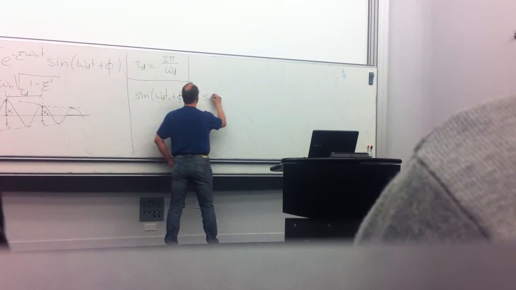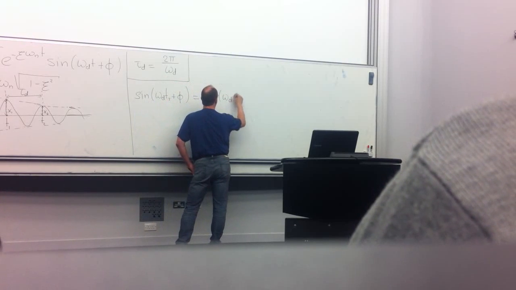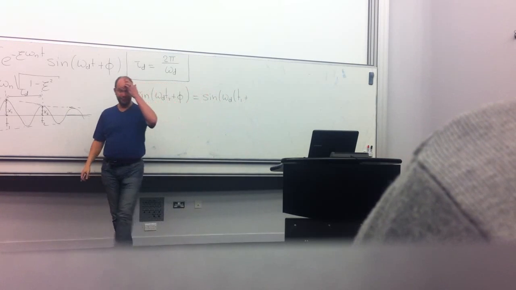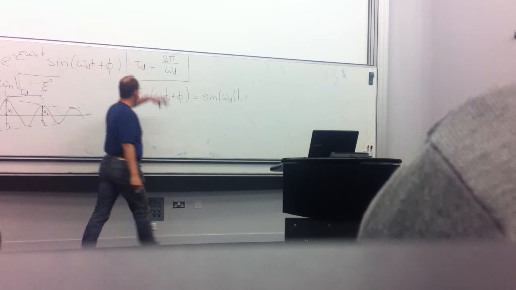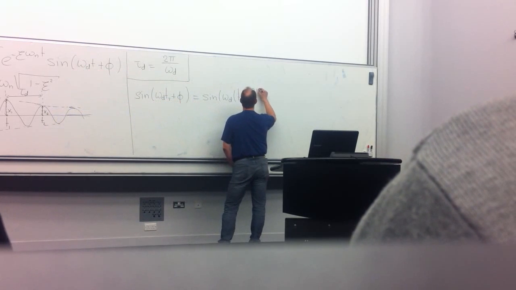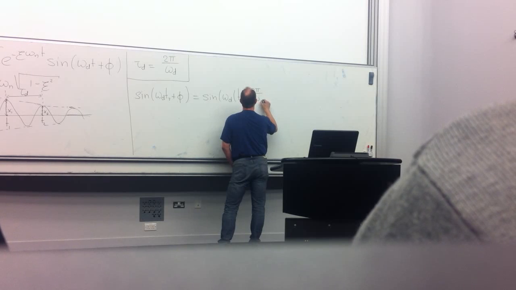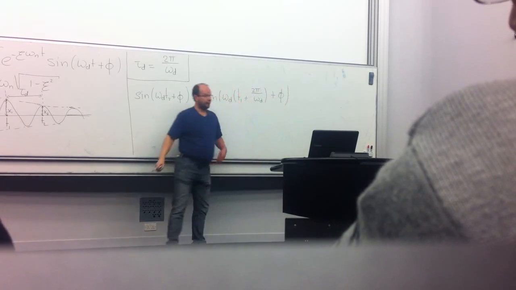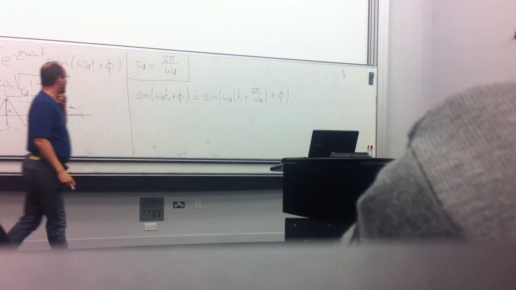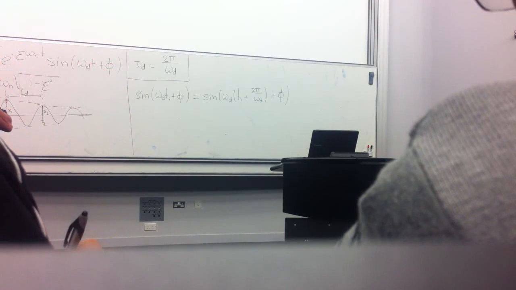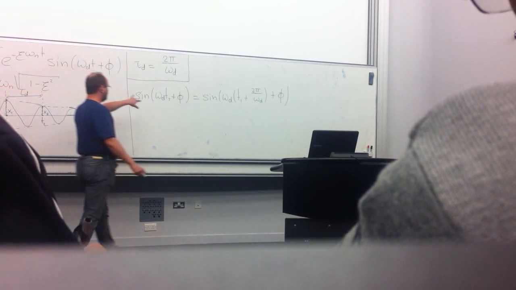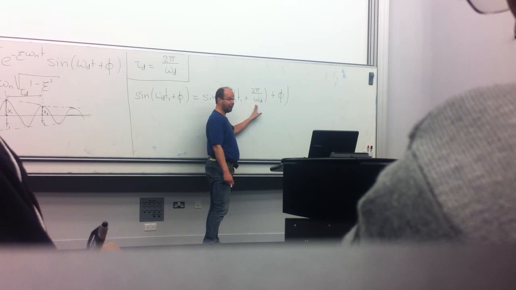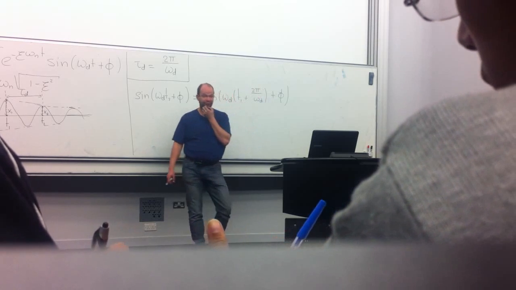So t2 is equal to t1 plus tau d. Tau d is 2 pi divided by omega d. So sine of omega d t2 plus phi is equal to sine of omega d times t1 plus 2 pi over omega d, plus phi.